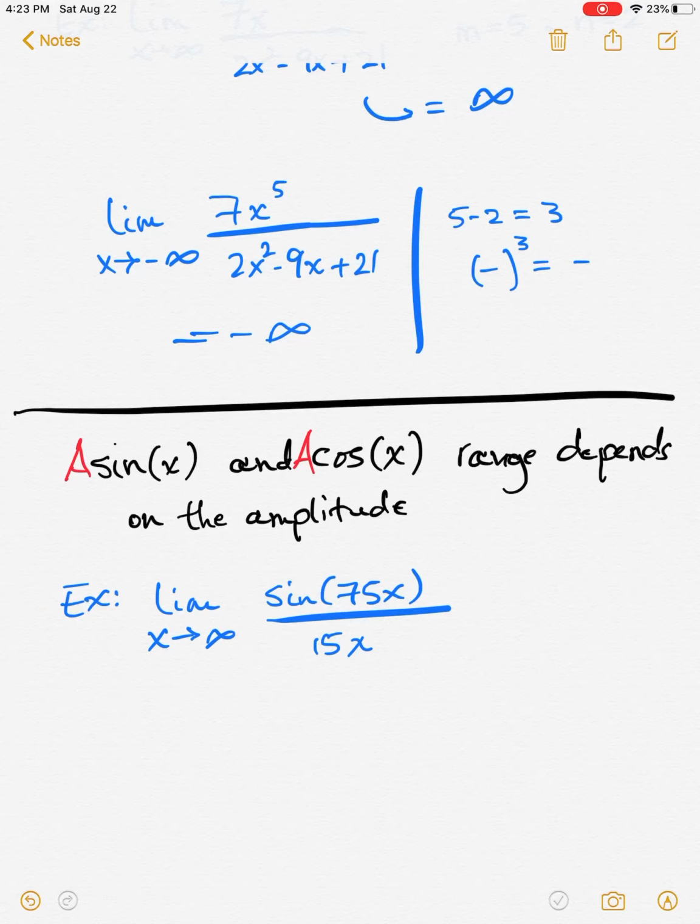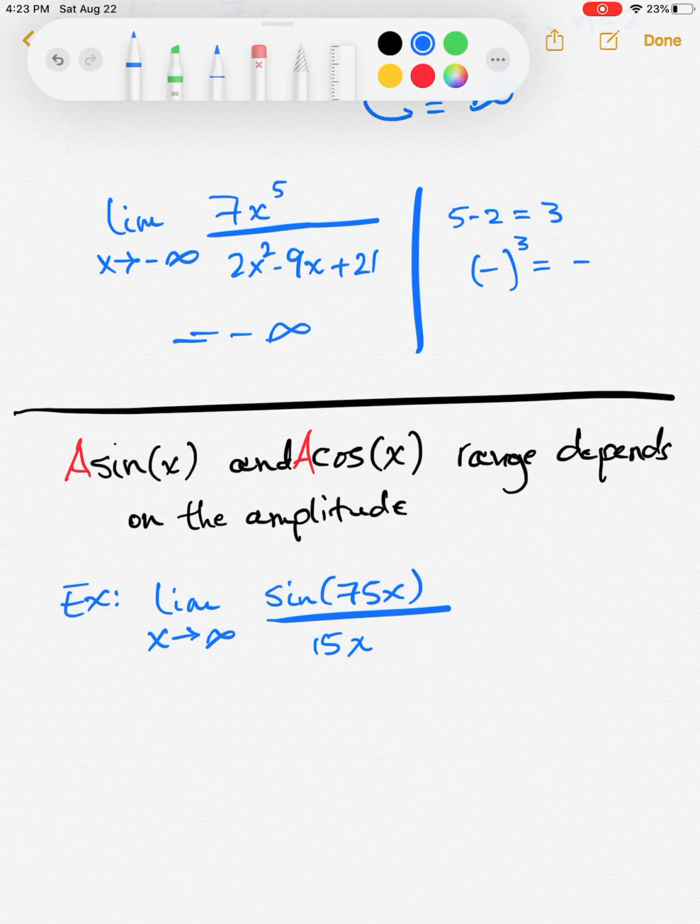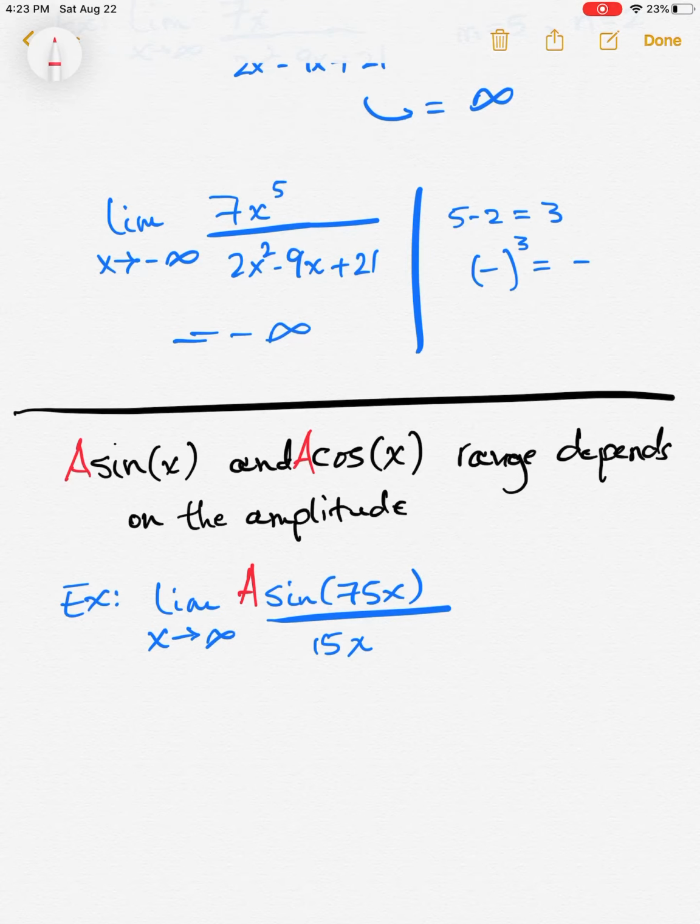Look at the amplitude of that value in the numerator. The amplitude is 1. If there's no value present, it's because the amplitude is 1.